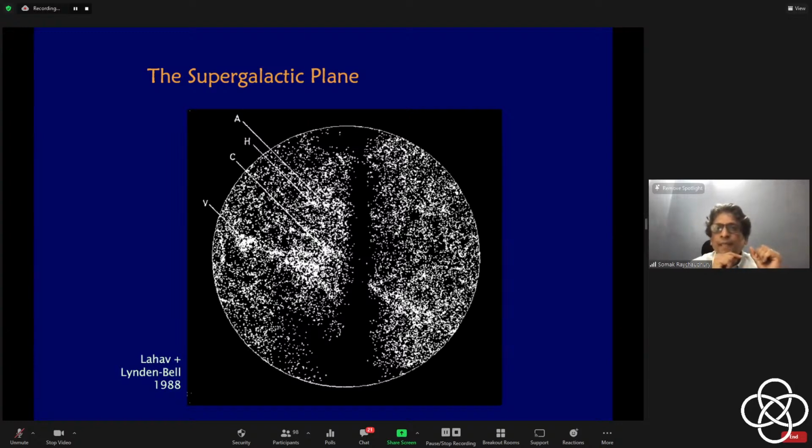Now, on large scales, our galaxy has to move in the direction in which it is being pulled by all the other objects in the universe. And it turns out, if this is the nearest 10,000 galaxies, we are being pulled right there.